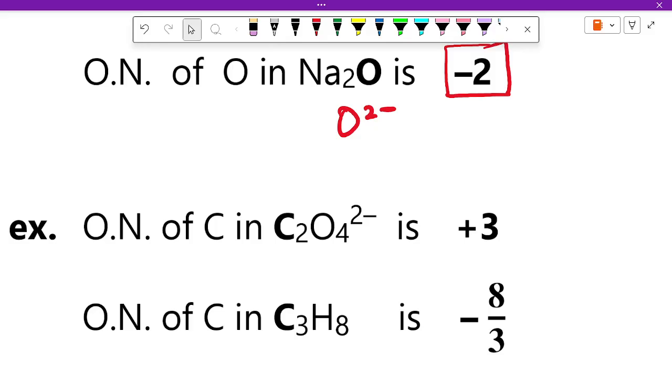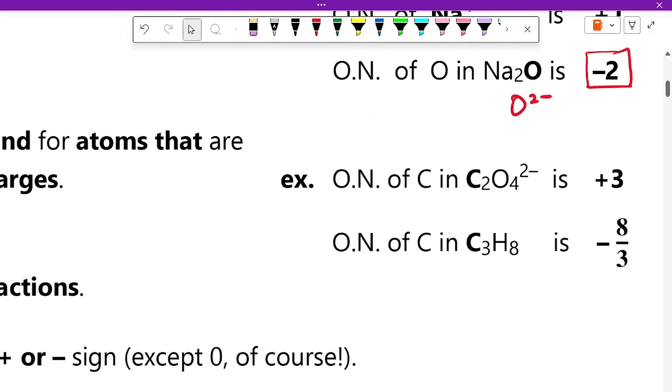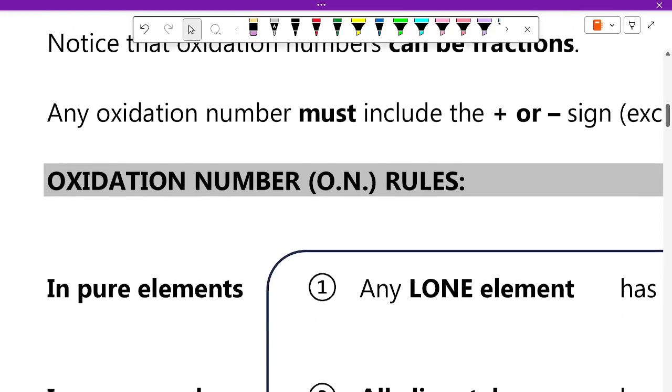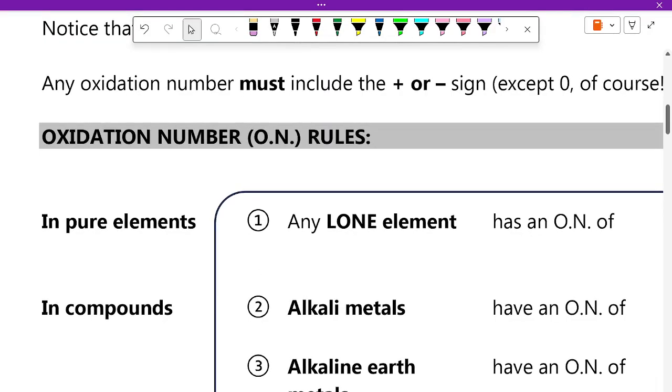Ooh, imagine that. The oxidation number of carbon in C3H8 is negative 8/3. Wow, that's bizarre, yes? But there is an easy method of finding them. Here are all the rules. All you got to do is learn the rules, follow the rules, and you're good to go.